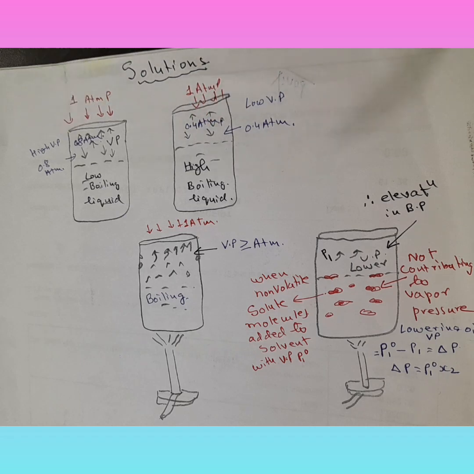And we are at sea level, so the atmospheric pressure working over the surface is 1 atmosphere. So we understood the relationship: high boiling, low vapor pressure; low boiling, high vapor pressure.